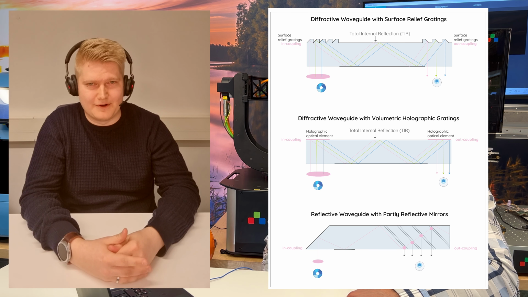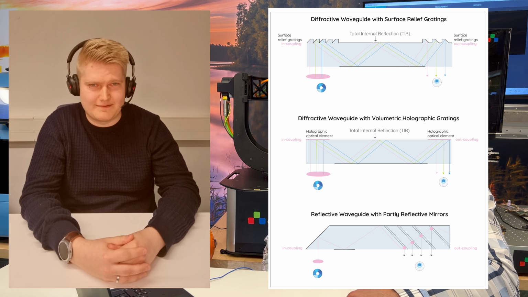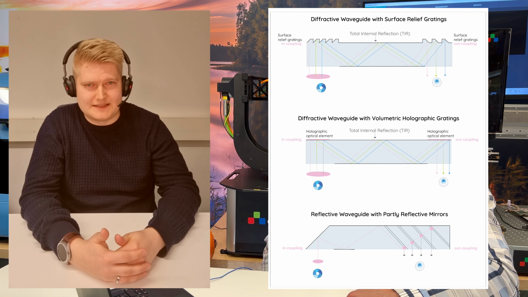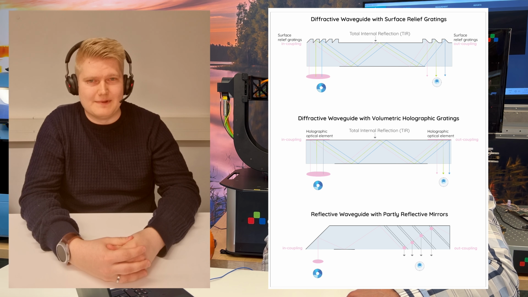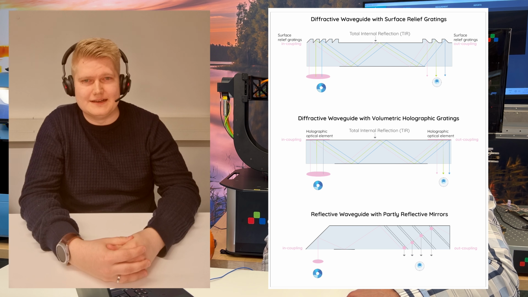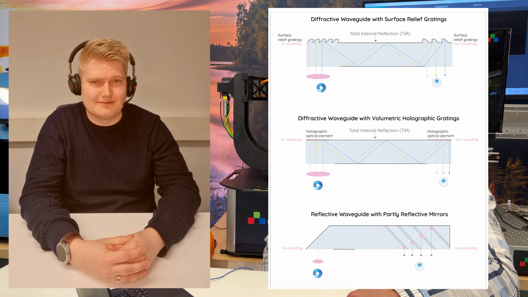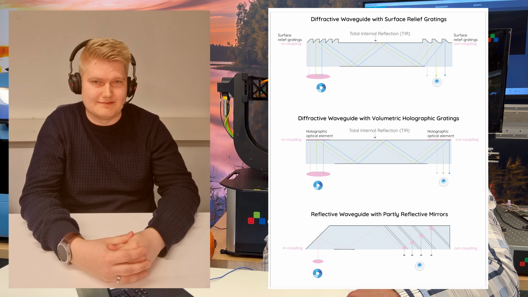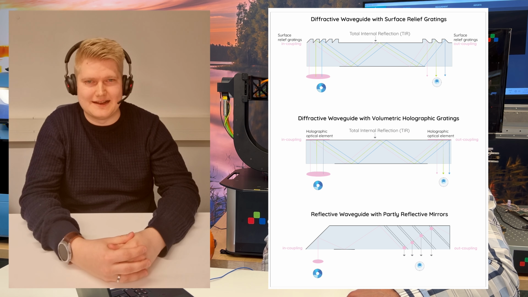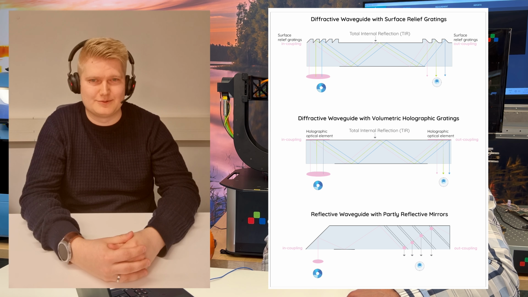The first two, diffractive and holographic, are based on the mechanism of diffraction. So when the light hits the structure, it is diffracted into the waveguide, where it then travels with total internal reflection. And in the outcoupling element, again, the diffraction outcouples the light to the user's eye.